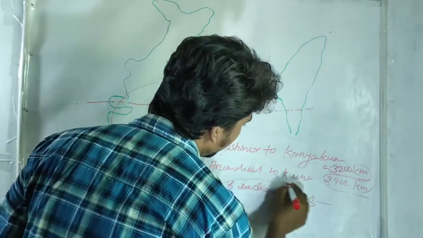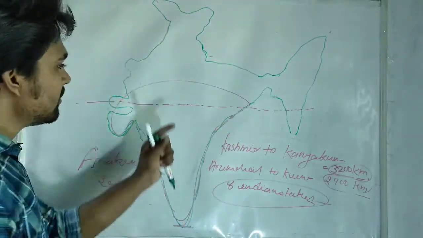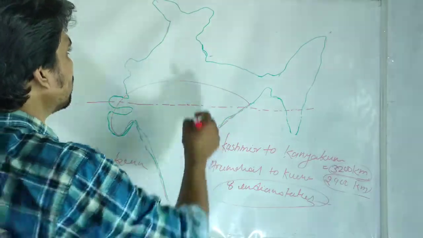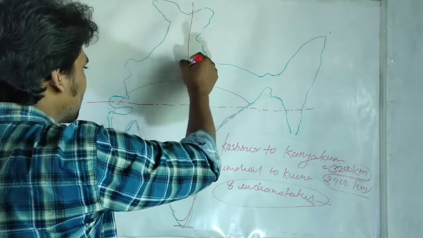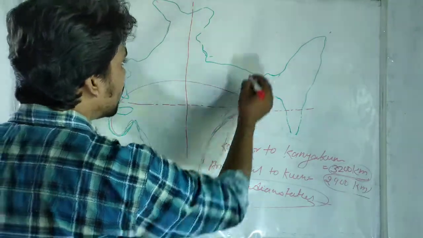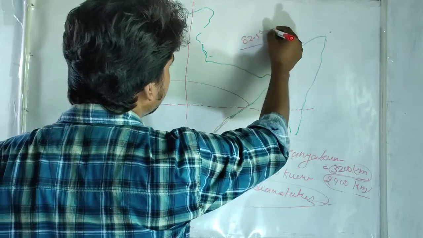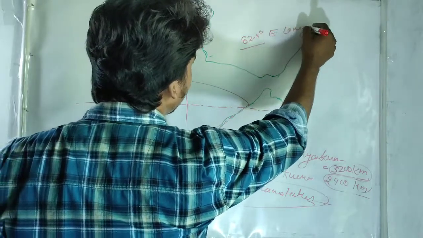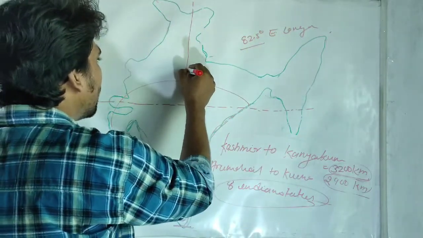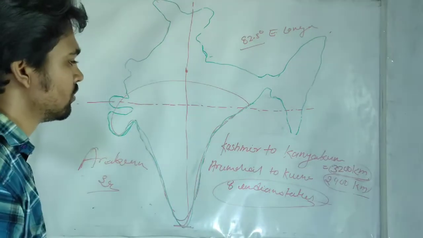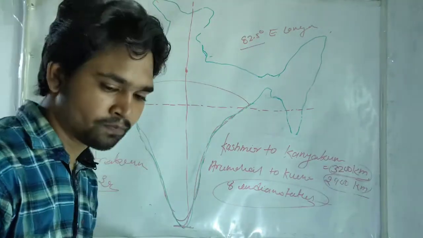The standard time zone of India passes through 82.5 degree east longitude, which passes through Mirzapur.